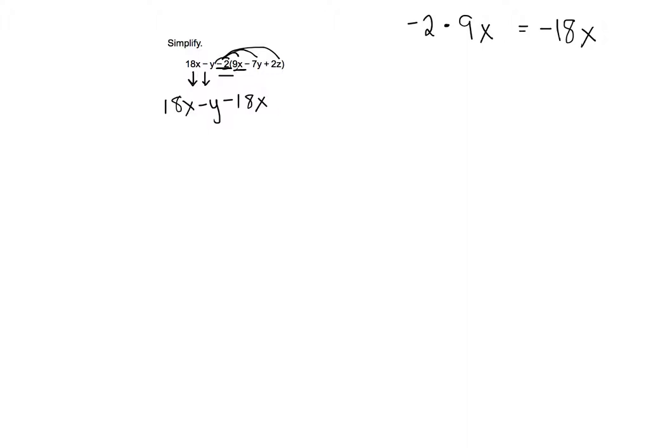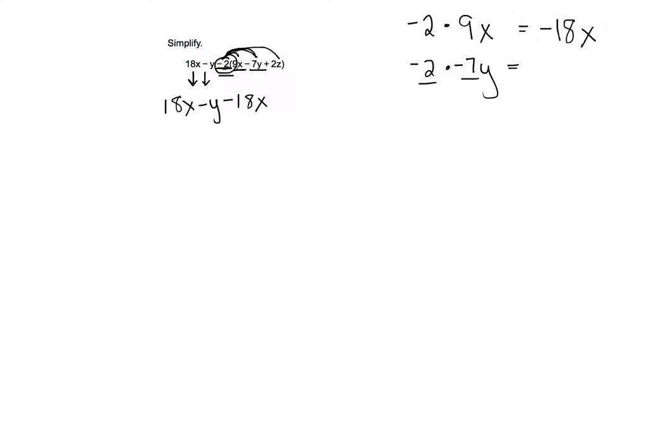Now I'm going to multiply the -2 times the second term in parentheses, which is this -7y. Remember, you always take the sign that's in front of the number. So we have -2 times -7y. A negative times a negative is a positive.